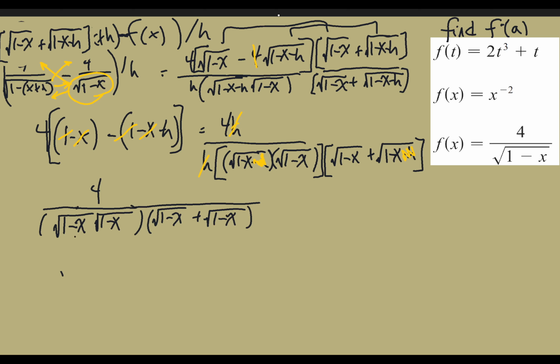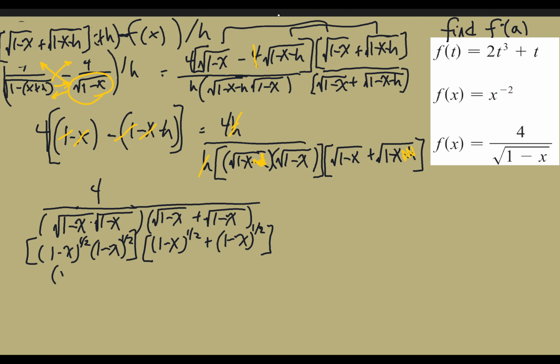So we can distribute, right? And I would write it as 1 minus x to the 1/2, because rads are dumb. And when they're multiplied straight across, like this, they don't multiply the exponent, but they simply add. So we'll see what that does. Okay, so this right here would just be a 1 minus x, right?